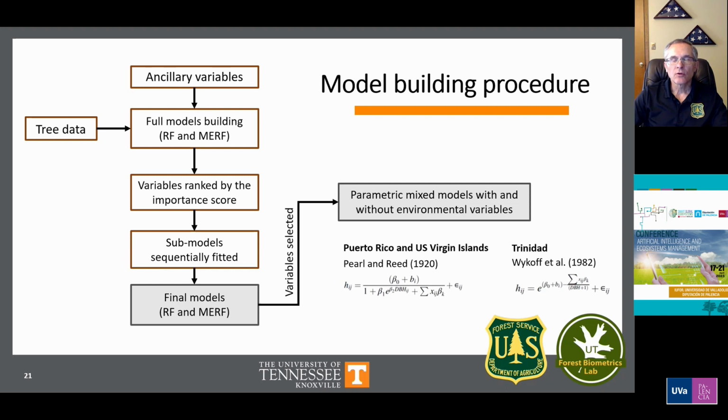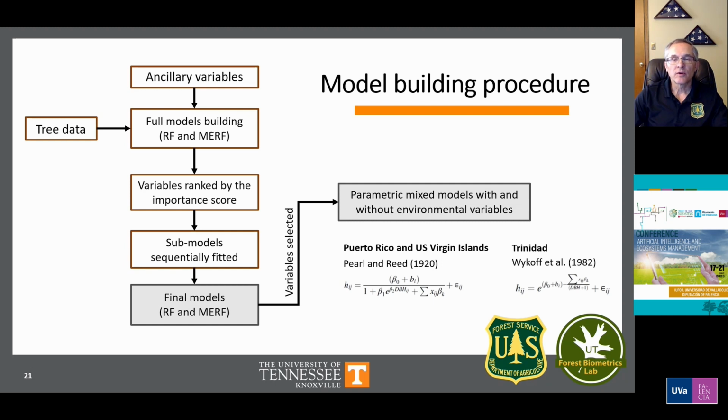And now just to look through this flow chart of the model building procedure, we initially began with all our tree data and ancillary variables. These were included in both parametric random forest and mixed effect random forest models. This gave us variables ranked by importance scores, which were then sequentially added to submodels until we arrived at the final models.